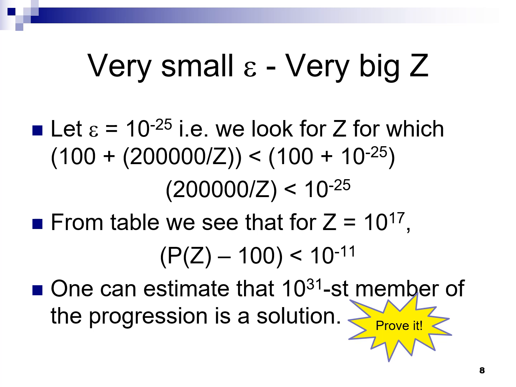But in fact, in such a case, we can estimate that starting with the 10 to 31st member of the progression, all others will be smaller than our epsilon, which is, I repeat, 10 to minus 25.